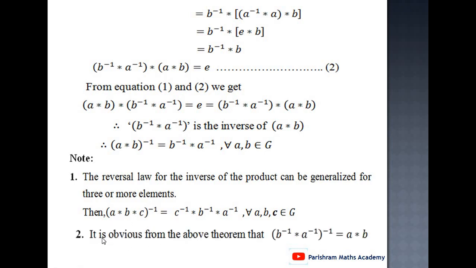Second, it is obvious from the above theorem that (B inverse star A inverse) inverse is the same as A star B, because in the third property we know that (A inverse) inverse is the same as A. That is, (A inverse) inverse is nothing but A, and (B inverse) inverse is the same as B, that is equal to A star B.